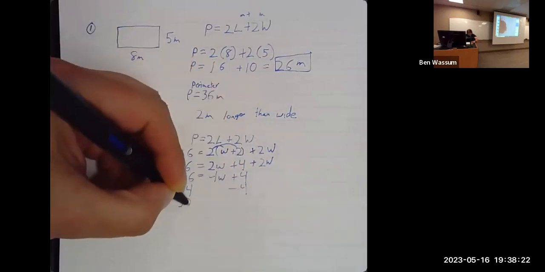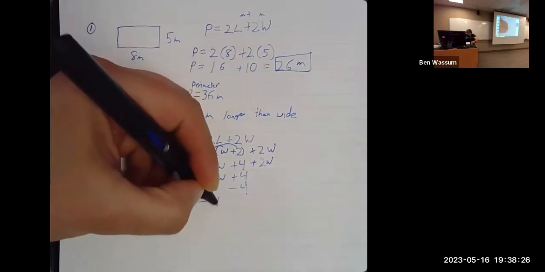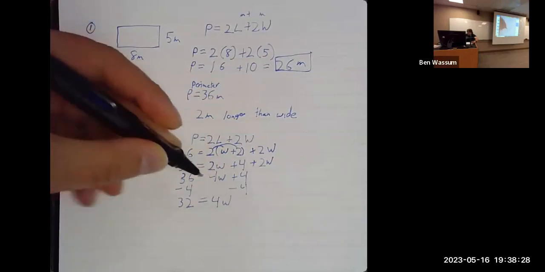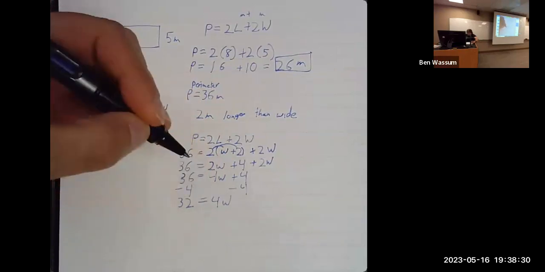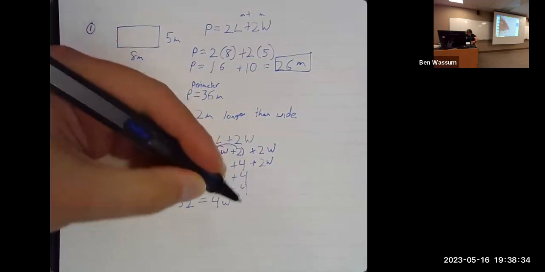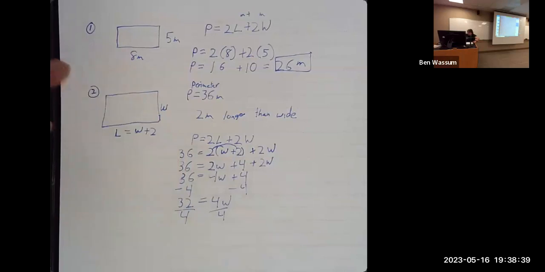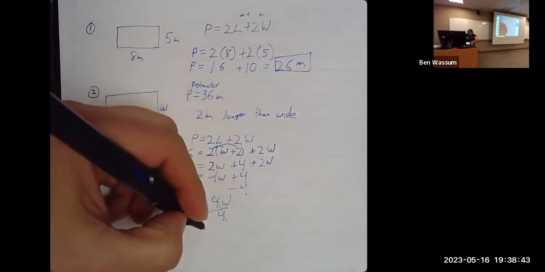I get a 32. 32 is equal to the same 4W, and now I can deal with that 4. This 4 is in the way, it's multiplied onto the W, so to cancel a multiplied 4, we're going to divide by 4. There we go. So the 4's cancel.